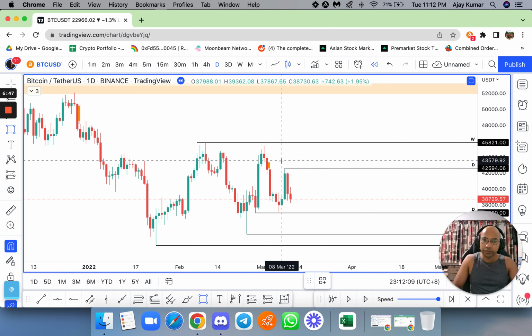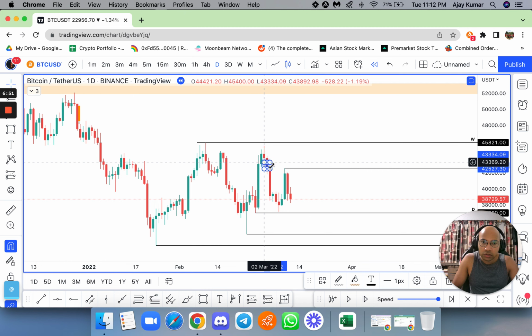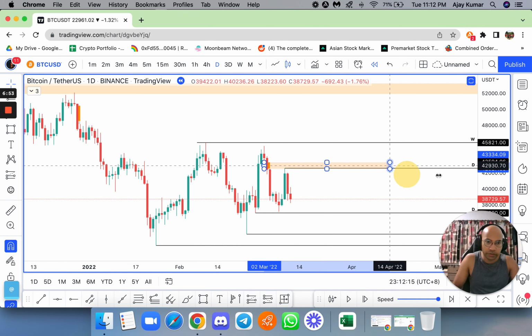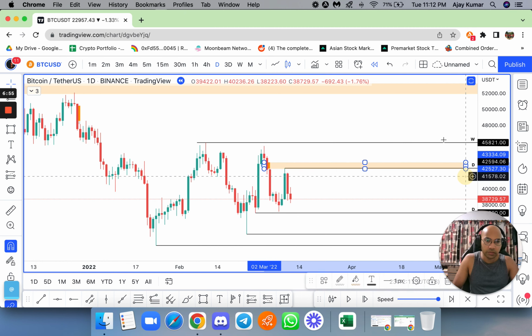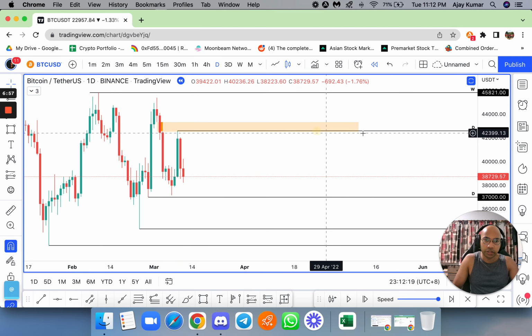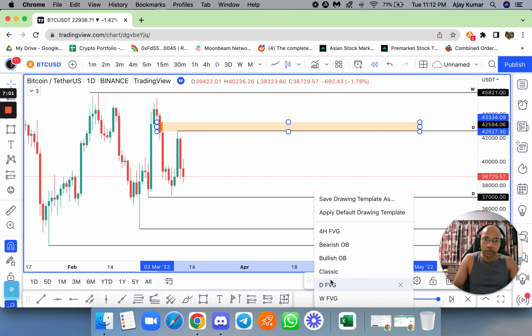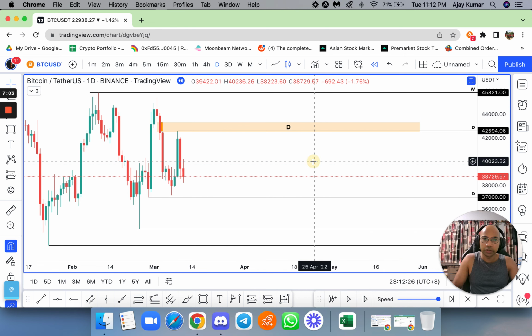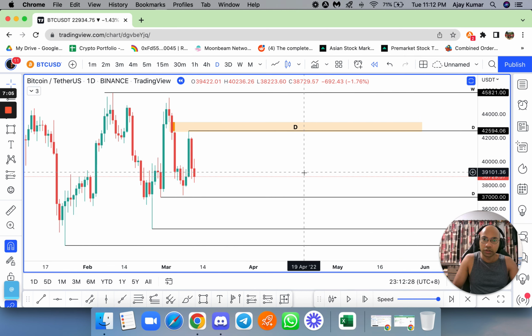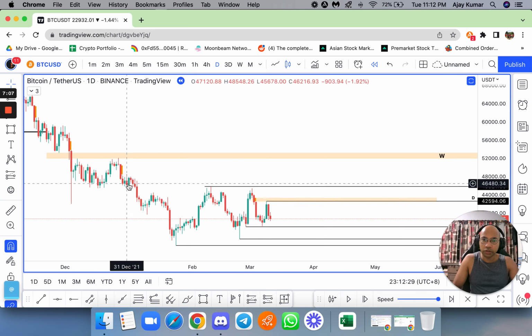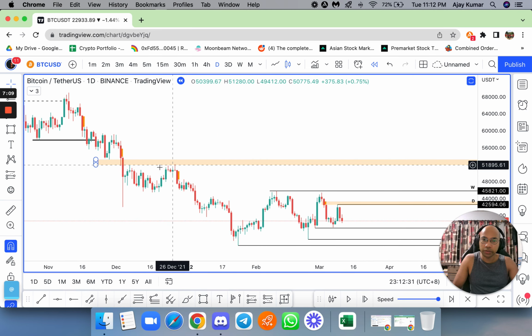Let's mark out the fair value gap. This is the daily fair value gap. Any other fair value gap? Look here, there's a fair value gap.